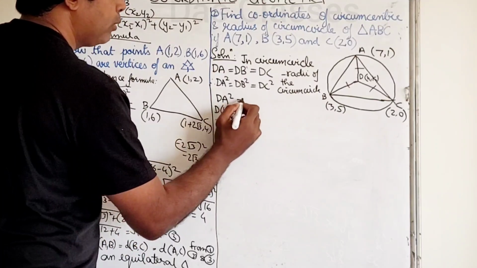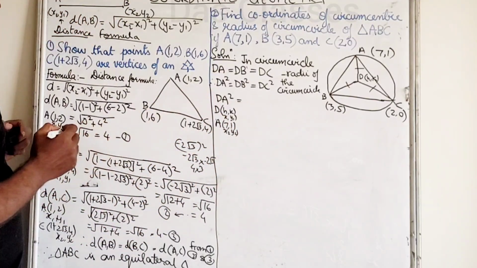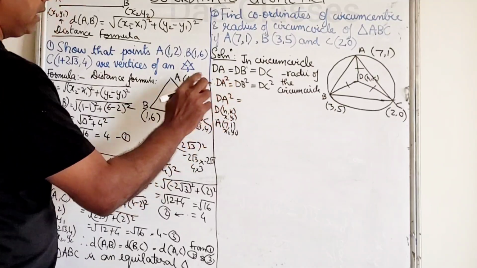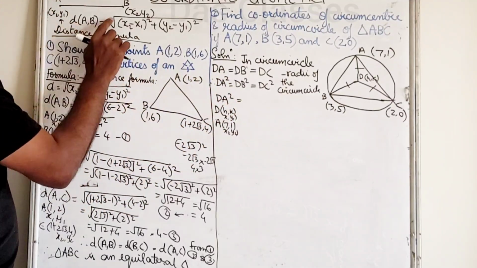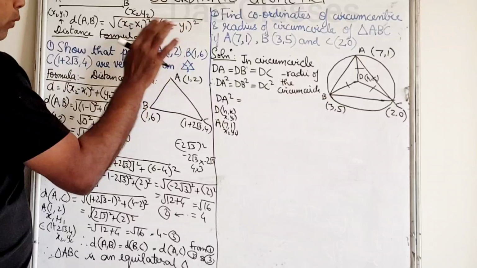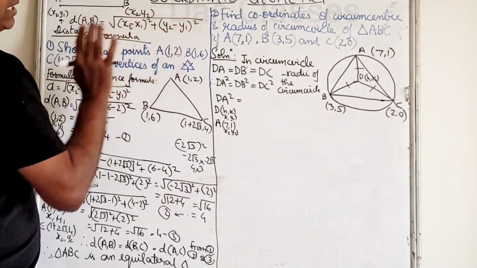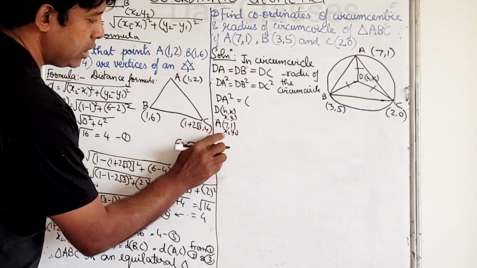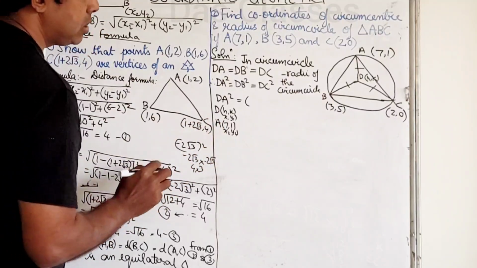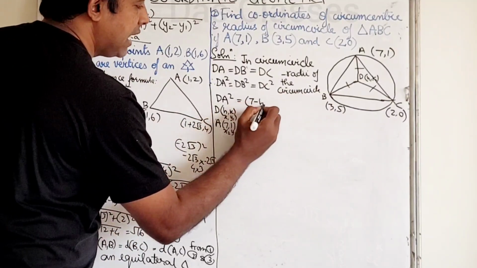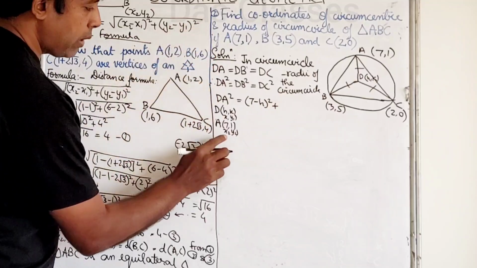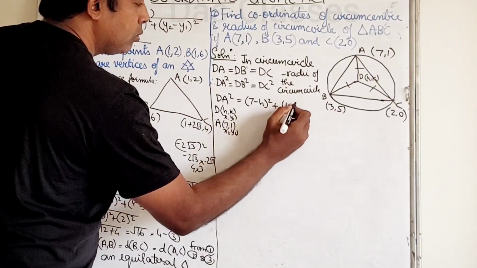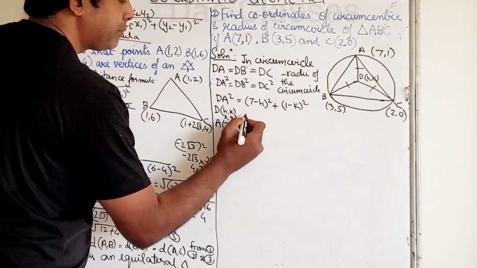Putting in the formula, the distance AB is the root of this. If I take the square of both sides, the root sign goes away. So I just need to write x2 minus x1: your x2 is 7 and h, so it's 7 minus h square plus y2 minus y1, that is 1 minus k square.